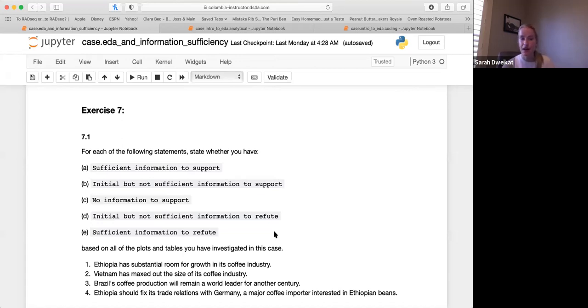So let's think about statement number 1 first. Ethiopia has substantial room for growth in its coffee industry. I'm not sure if this is set up in polls and answers or how we want to do this.